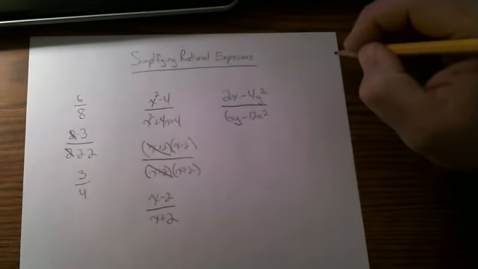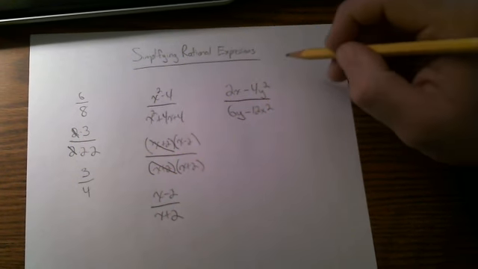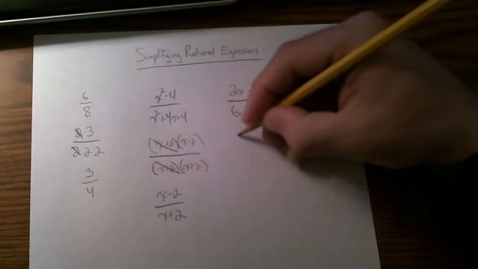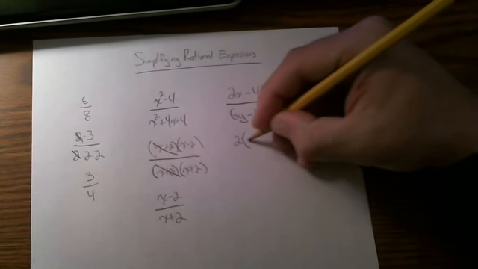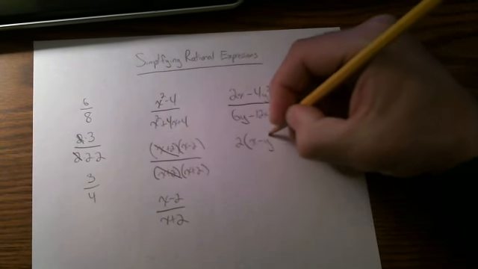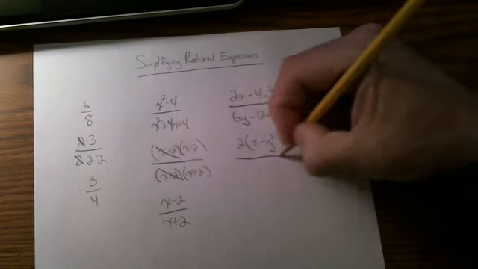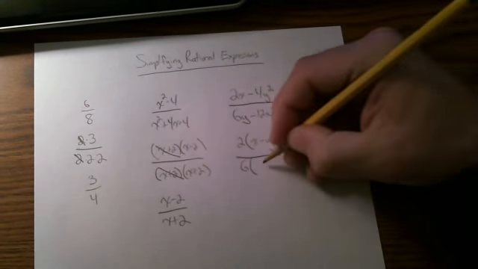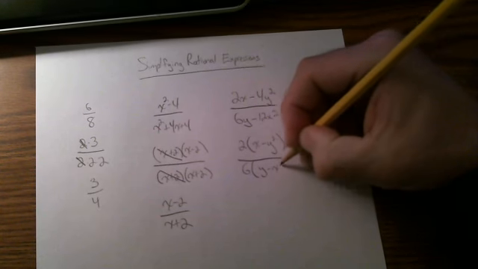Let's simplify this rational expression. Let's factor the numerator and factor the denominator separately, leaving us with 2 times x minus y squared over 6 times y minus x squared.